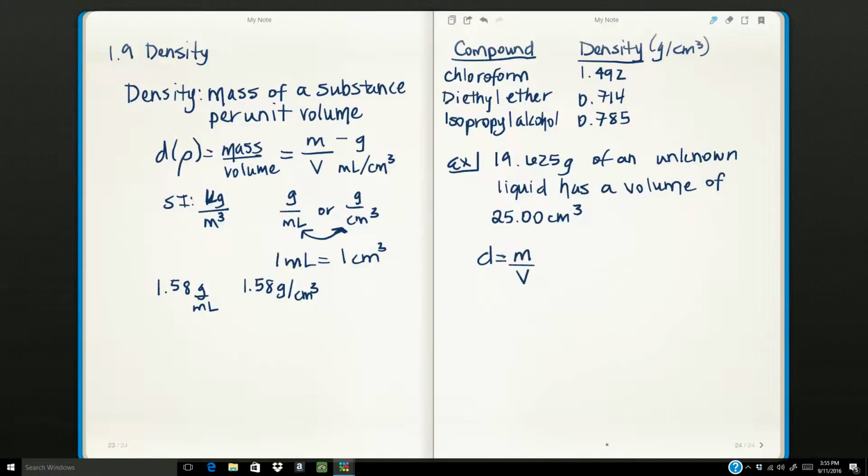Okay, so remember our formula, D equals M over V. So you just remember D and V, you can remember the formula. So now we can plug our numbers in. M, or mass, is 19.625 grams divided by volume, which is 25.00 cubic centimeters.